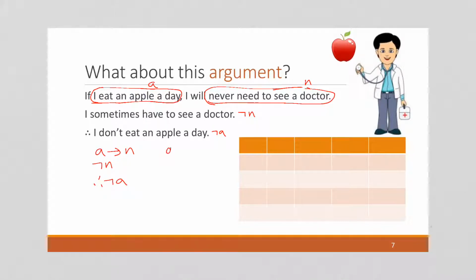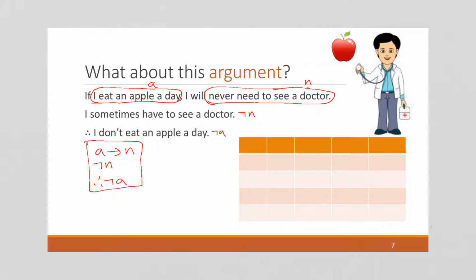This is the same as A implies not doctor, doctor, therefore not A. These are just binary. As long as this one and this one are different, this is going to be the same form. But for simplicity, I'm going to stick with this one over here.